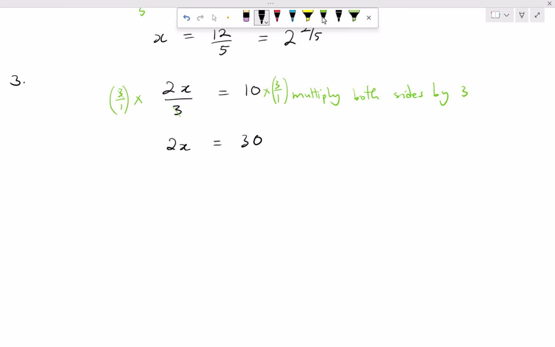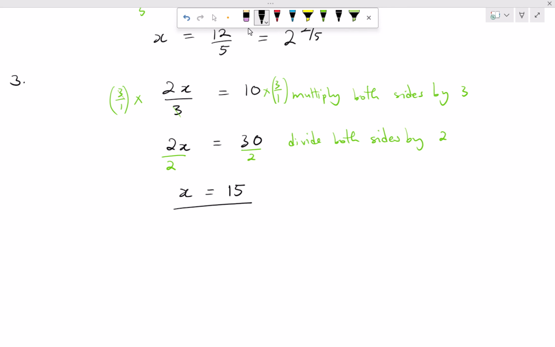Now that we have 2x on this side, we want to remain with x, so we divide both sides by 2. We end up with x is equal to 30 divided by 2, which is 15. This is our answer.